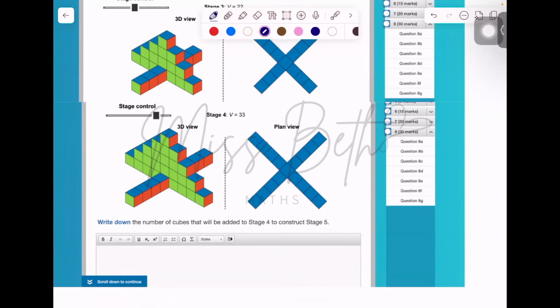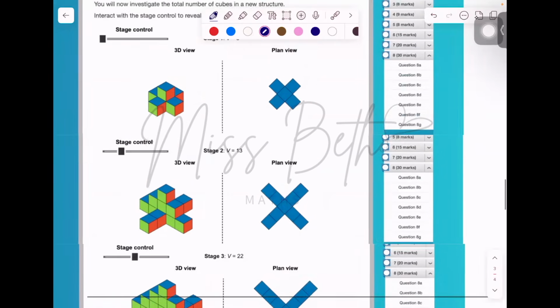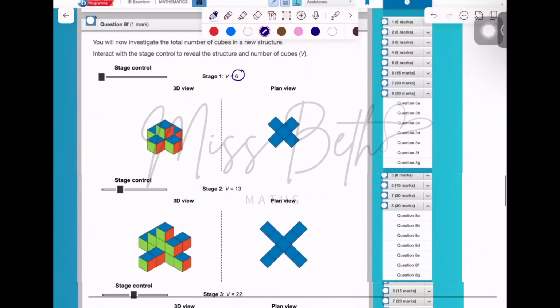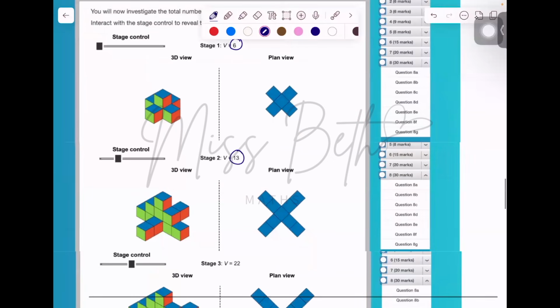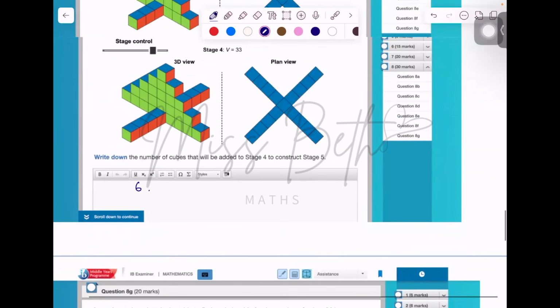It says write down the number of cubes that will be added to stage 4 to construct stage 5. What I would do here is write out the volume numbers that create this new sequence: 6, 13, 22, 33.